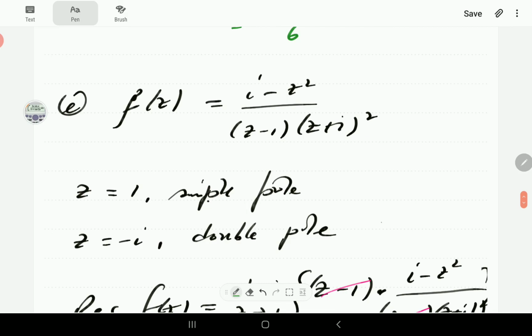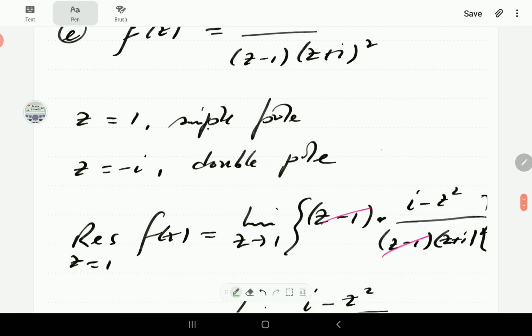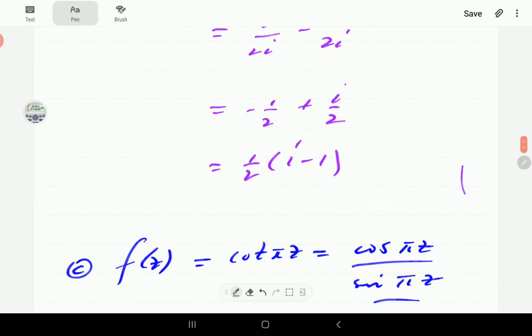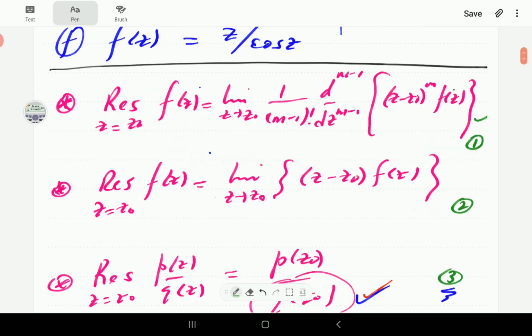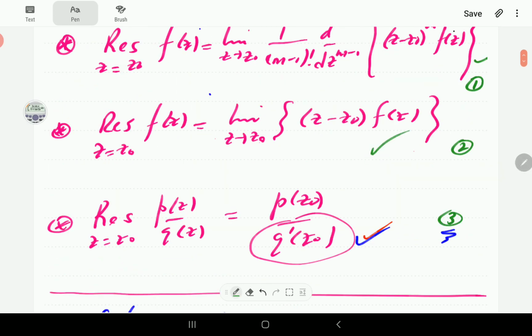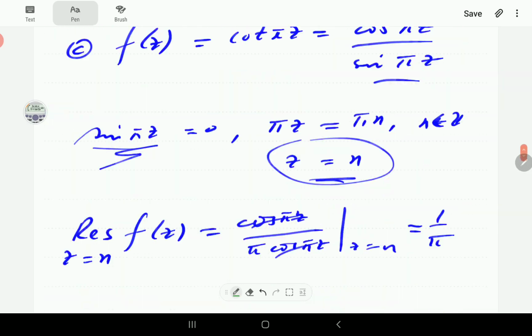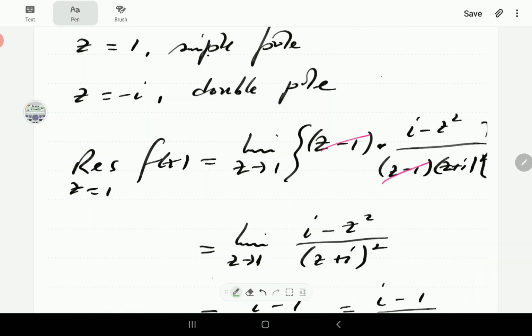This time we have two singularities. First of all, z equals 1 is a simple pole, and z equals negative i is a double pole. So this one, we're not going to use the third formula this time. We just plug into the second formula, which is this one here, and simplify.